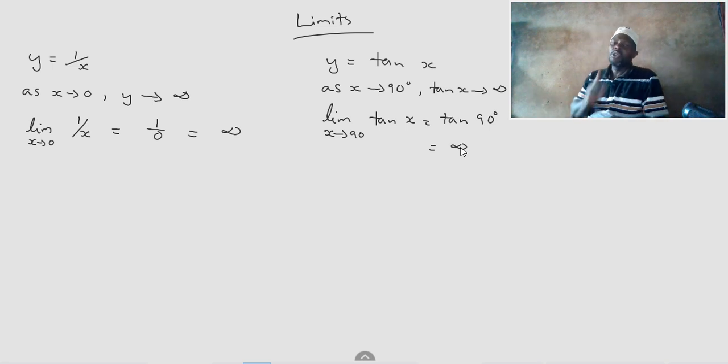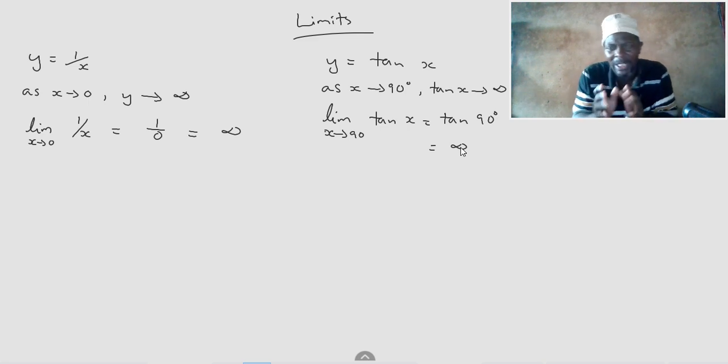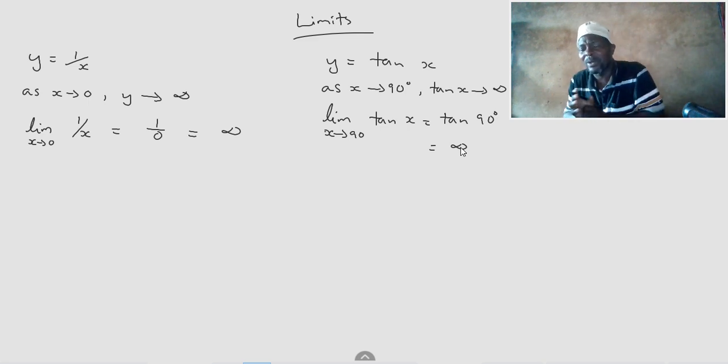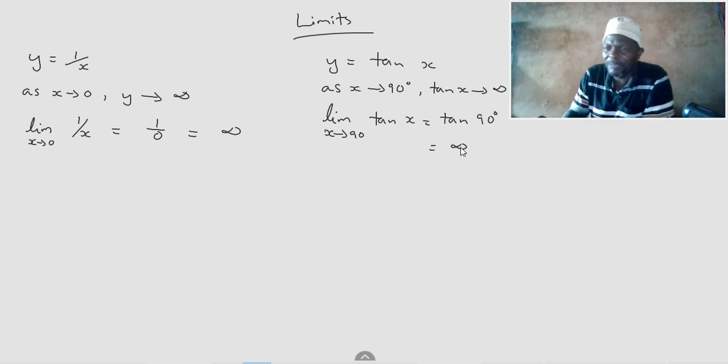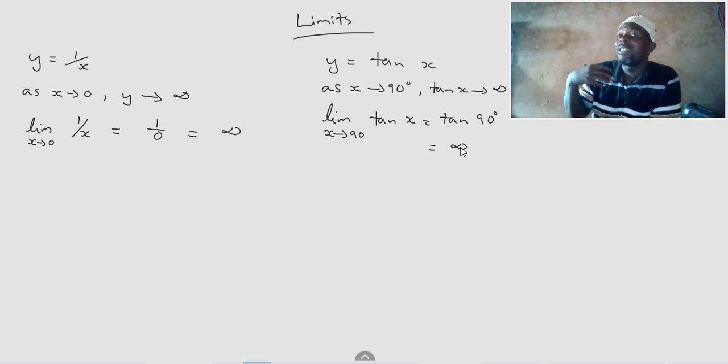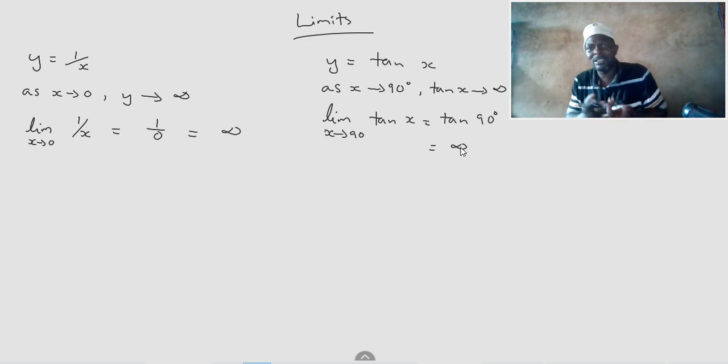So limits is basically us looking at our graphs and determining what they tend to do as our independent variable tends to a certain value. What does the dependent variable tend to do in that case?